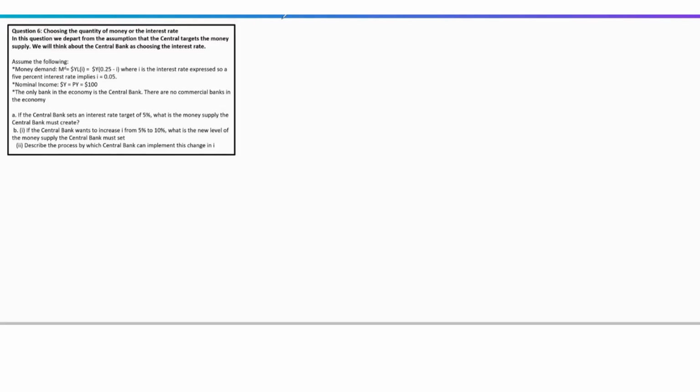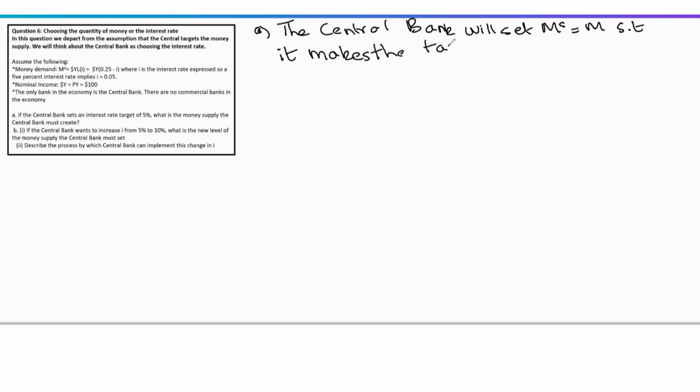So part A. Now the idea is that the central bank will set MS equal to M such that it makes the target interest rate, which is I equal to 5%, consistent with equilibrium in the financial market.